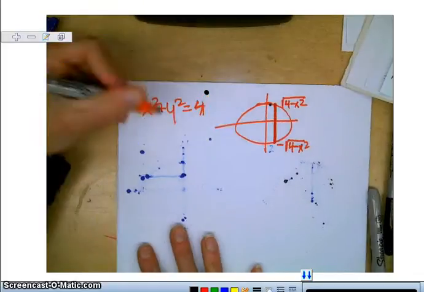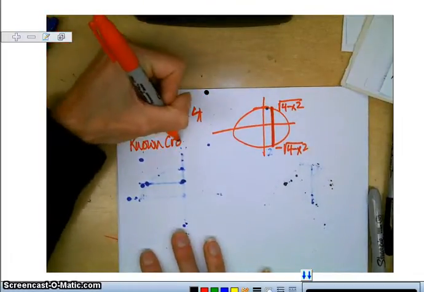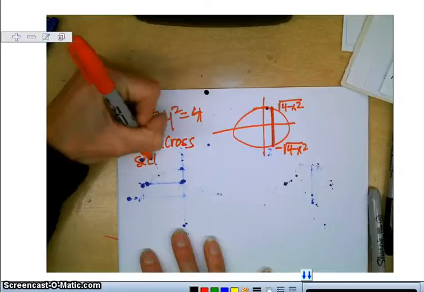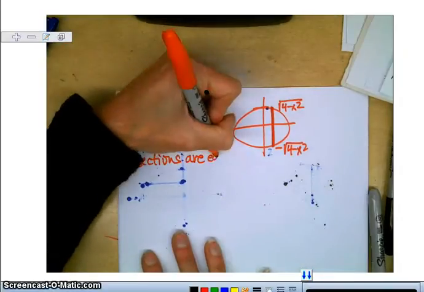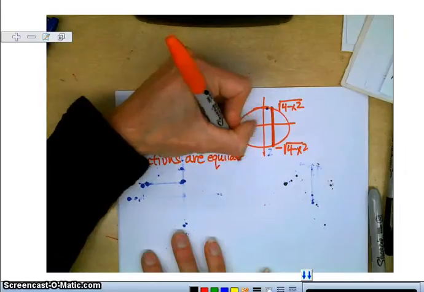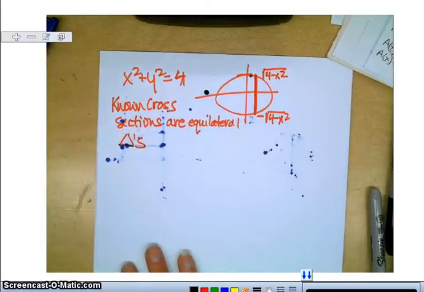So now our known cross sections are going to be equilateral triangles.